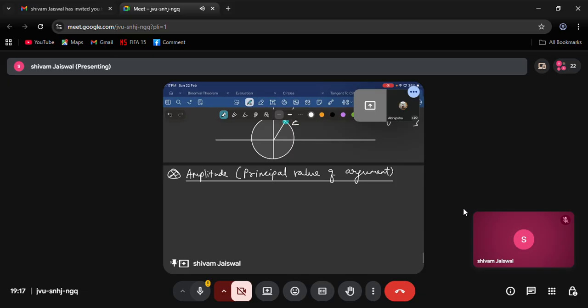The unique value of theta such that theta lies between minus pi to pi. If you are including minus pi, then you exclude pi, and if you are excluding minus pi, you include pi, because they are both the same point. The unique value of theta such that theta lies between minus pi to pi is called the principal value of argument.